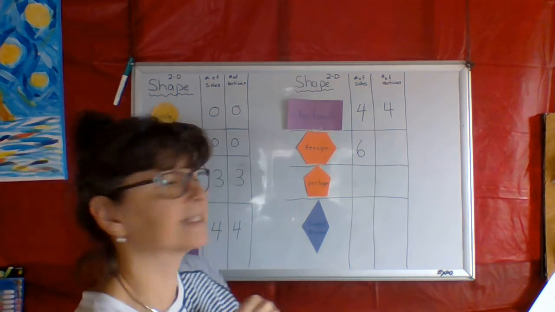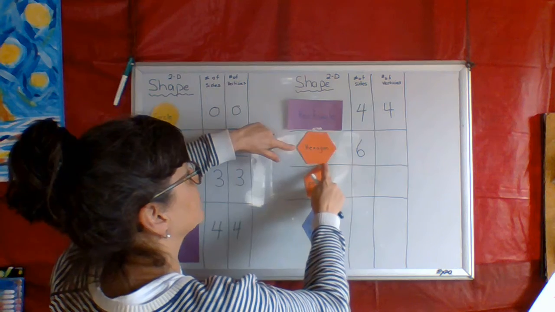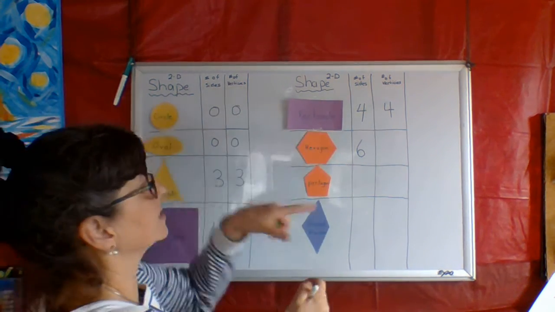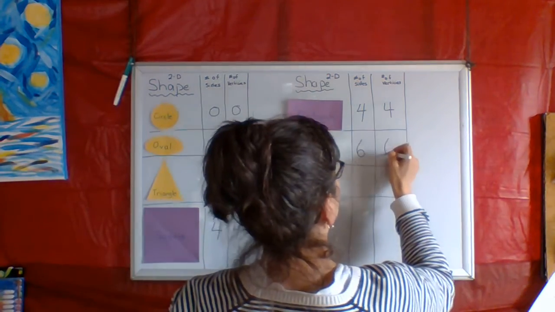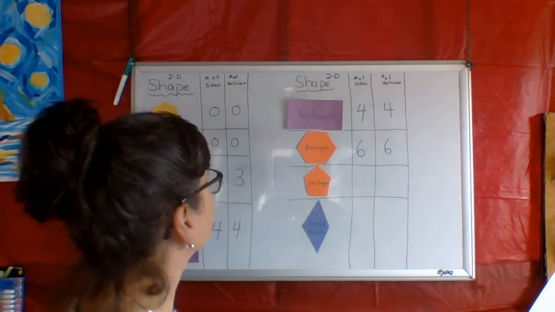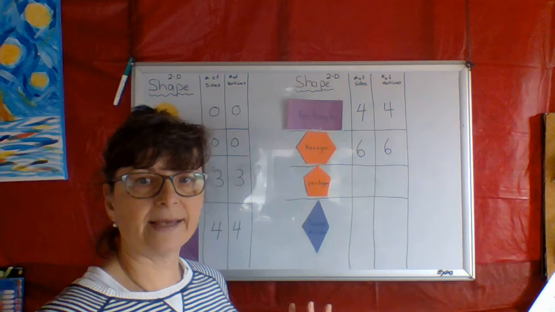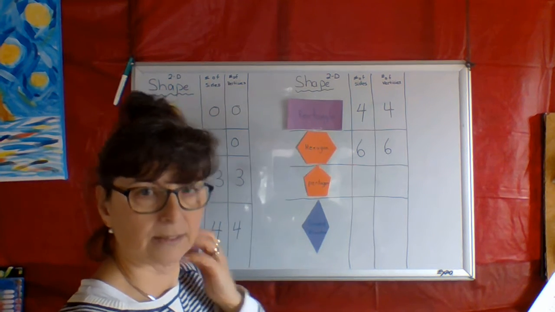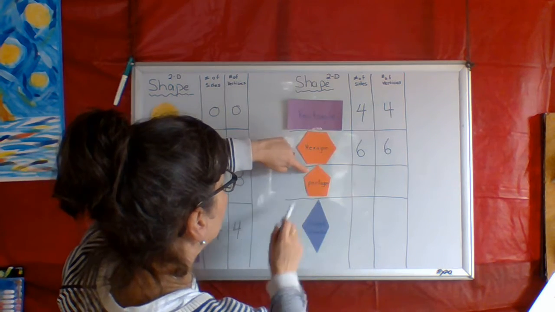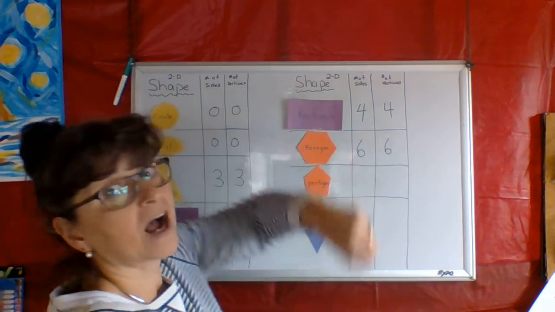Okay, let's count the vertices now. We'll start here. 1 vertice, 2 vertice, 3 vertice, 4 vertice, 5 vertice, 6 vertices. The same number of sides. I think there's a pattern starting here. Okay, our next shape kind of looks like a house. So let's count how many sides it has. 1 side, 2 sides, 3 sides, 4 sides, 5 sides.